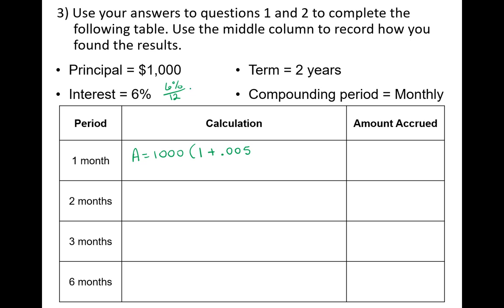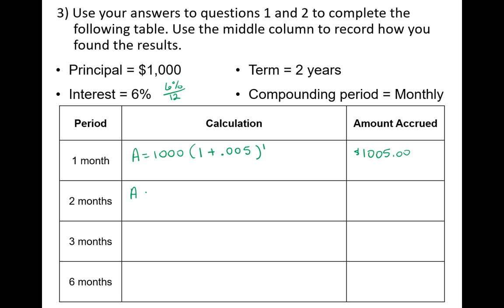We're going to get a monthly rate per month. And if we only do it for 1 month, then after 1 month, we will have $1,005. We won't have any change.